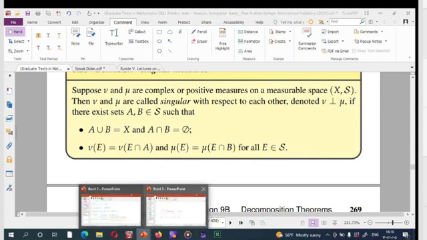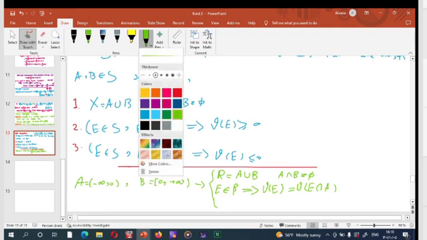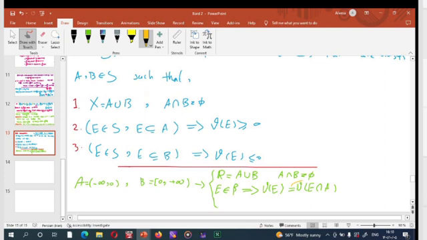It is very trivial, because mu of E equals the Lebesgue measure by this definition.